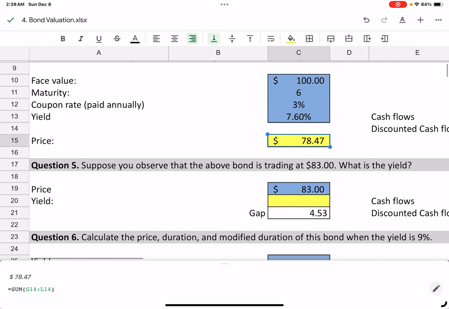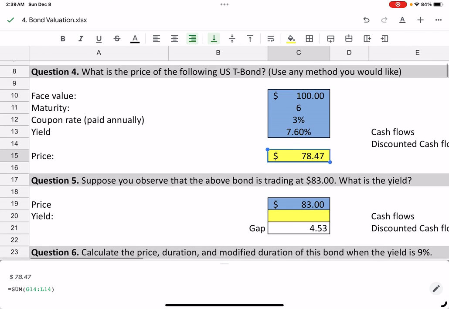The price of a coupon bond is simply the present value of all the future cash flows you are going to receive from that bond, discounted at the yield of the bond. The yield is what the investors want out of a bond. For example, when the bond was initially issued, it was issued at 3%. The government wanted investors to receive 3% interest, but now interest rates have increased, or maybe the risk associated with these bonds has increased.